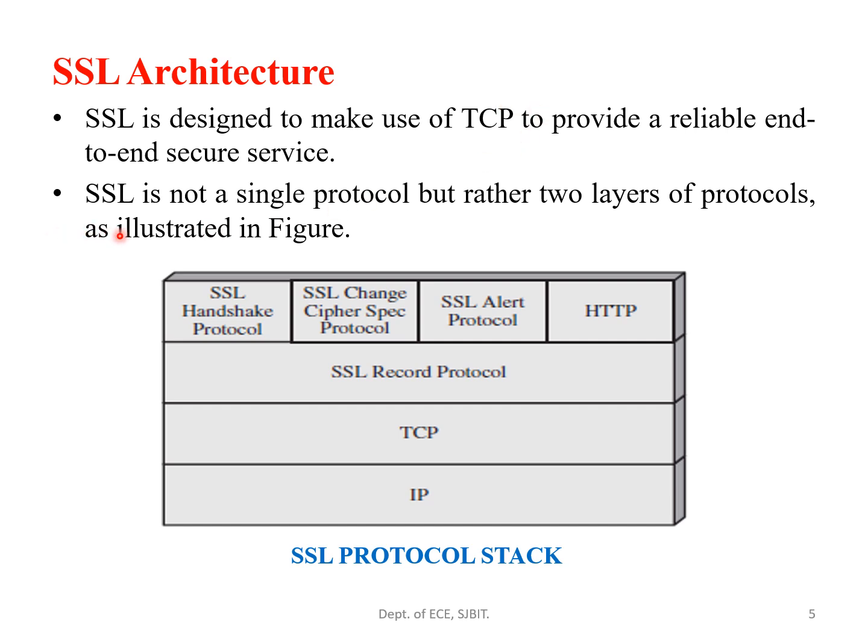Then secure socket layer is not a single protocol, but rather 2 layers of protocols. You can see it in the figure. Secure protocol stack. We are considering IP. IP is Internet Protocol. Next to that is Transmission Control Protocol.